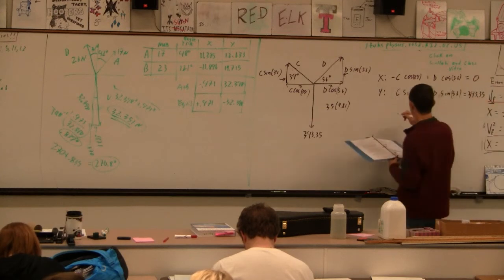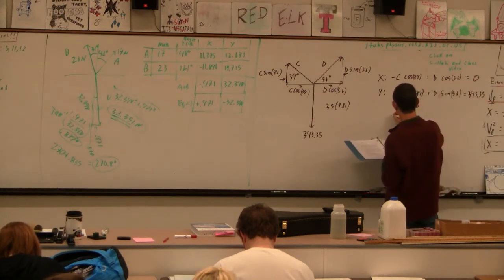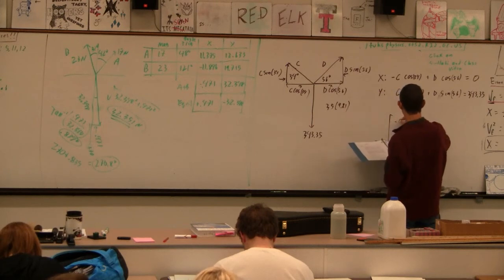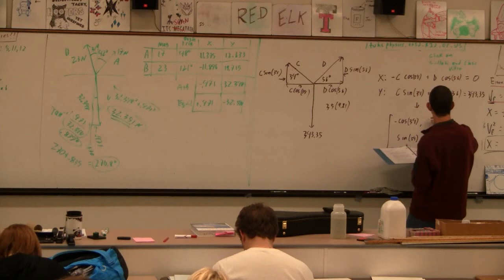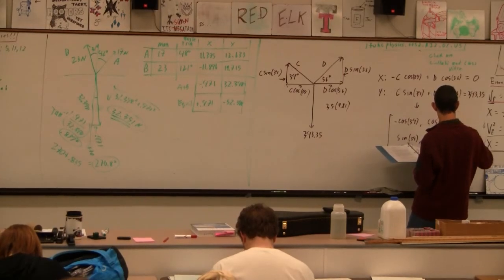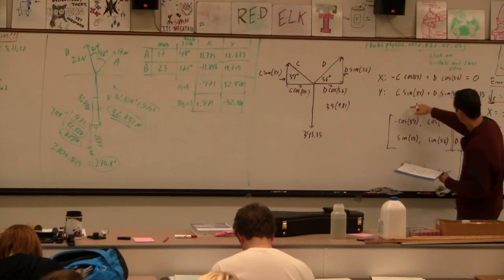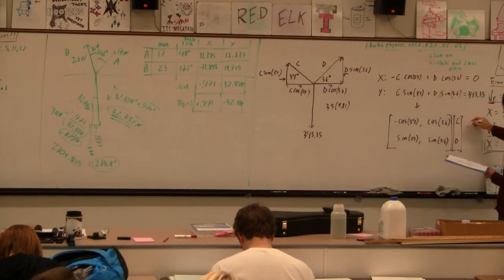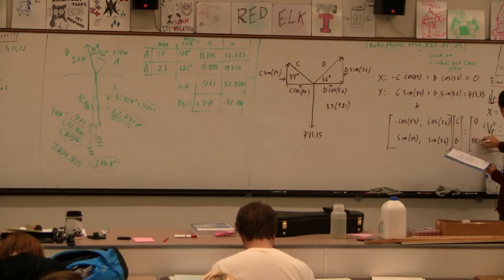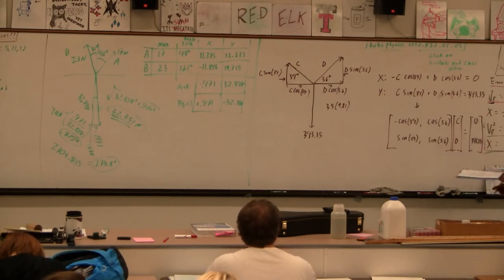And now we can set up a matrix with this. We can represent this with this matrix, times C and D. So here are the coefficients of C and D, and then that equals the right side.